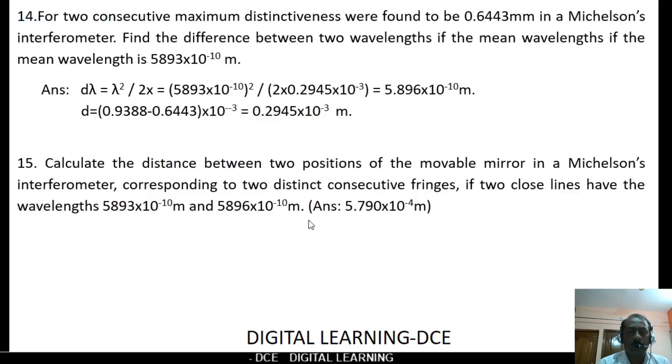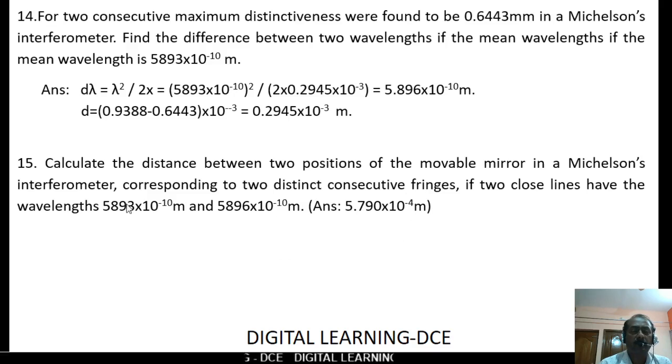For this one, you can use the formula d lambda equals lambda square by 2x. You can rearrange the formula for finding x, that is the distance x. That is x equals lambda square by 2 into d lambda, and further substituting the data and values, you got the answer 5.790 into 10 to the power of minus 4 meter.